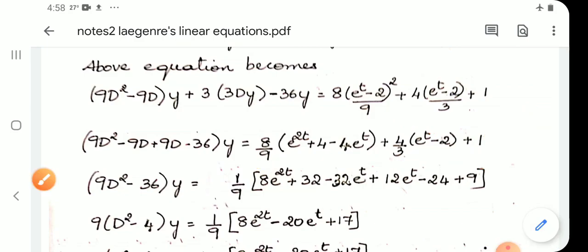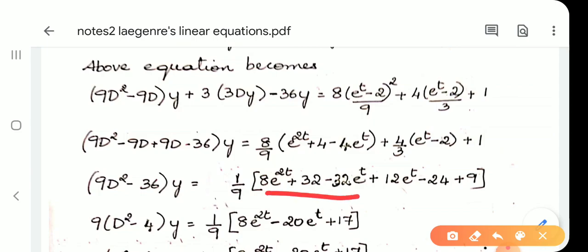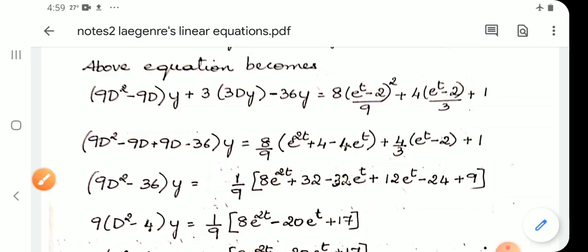Taking 1/9 outside, multiplying 8 inside we get 8e^(2t), 8 fours are 32 e^t, then 12e^t minus 12 twos are 24, and the last term becomes 9.